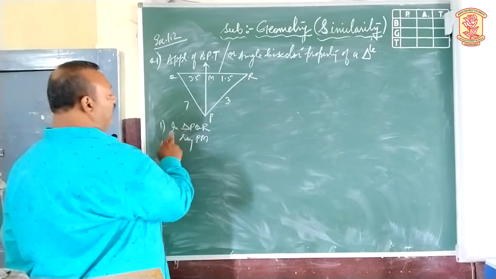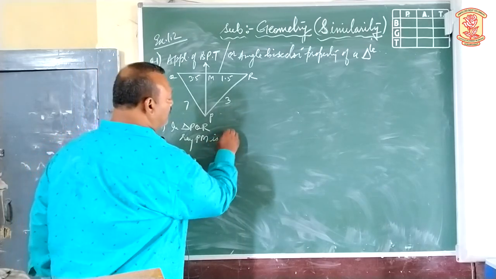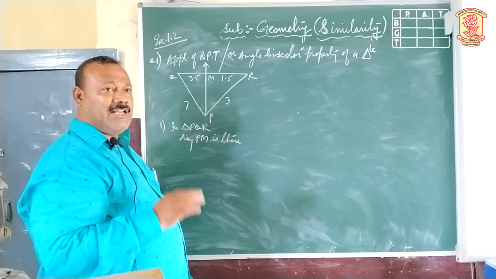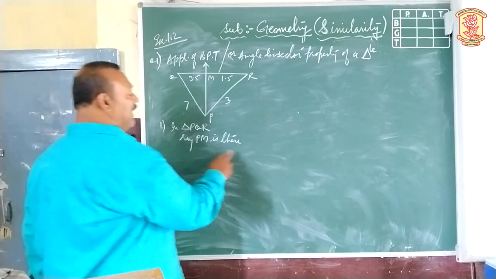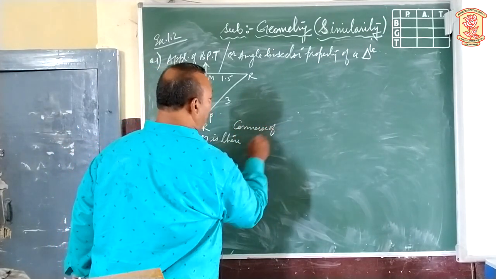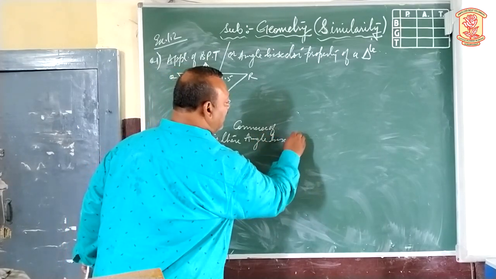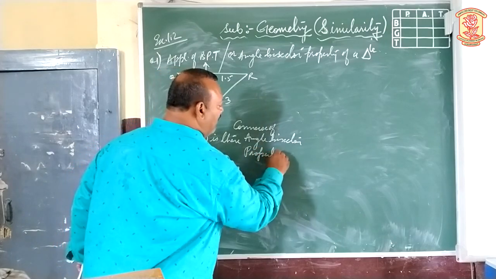Now how to proceed? In triangle PQR, ray PM is there. To decide whether it is an angle bisector of angle QPR, we have to apply the converse of the angle bisector property.